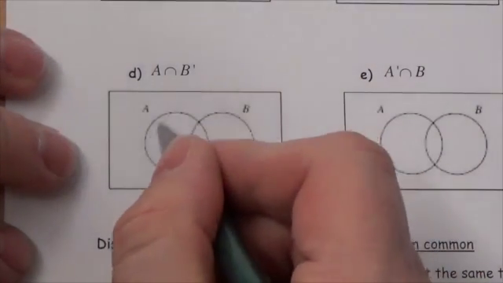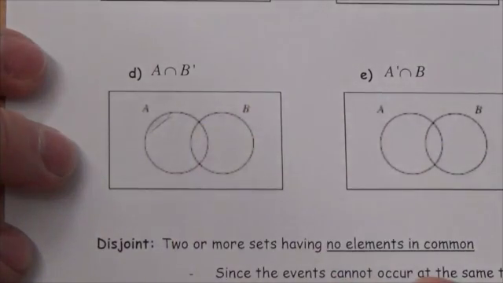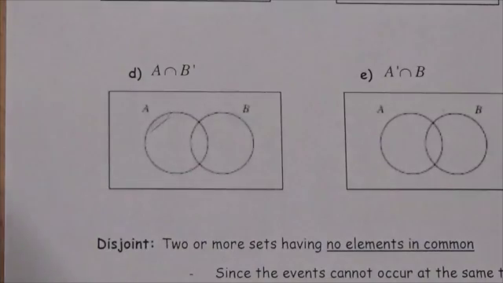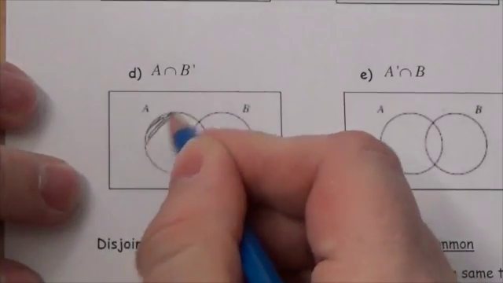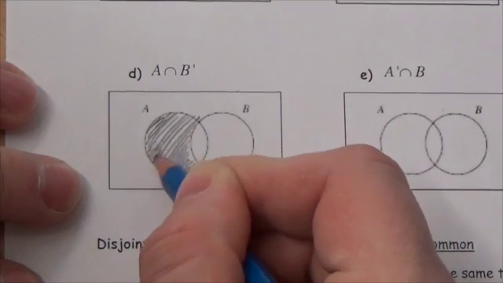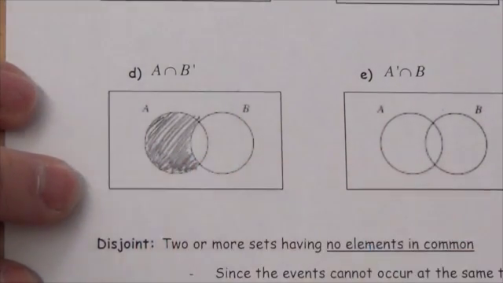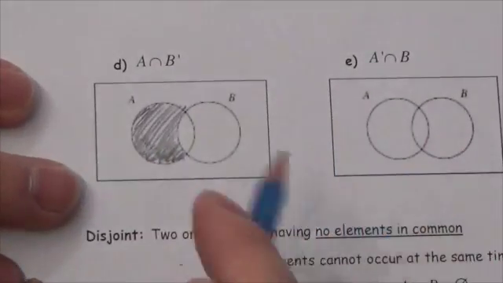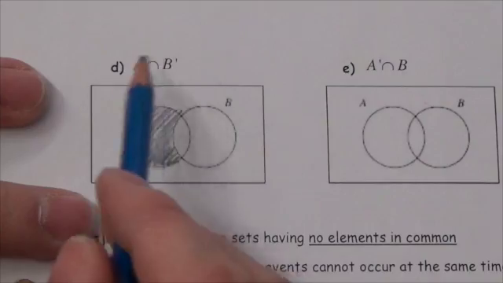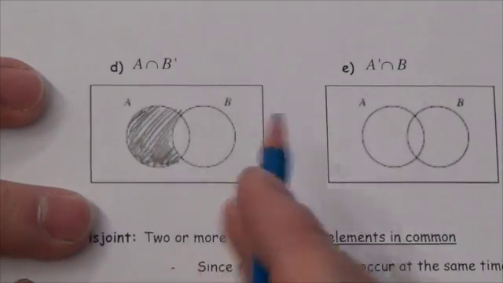Well, where they're going to intersect is going to be this part right here. In that little cookie shape with a bite out of it, that's only A.